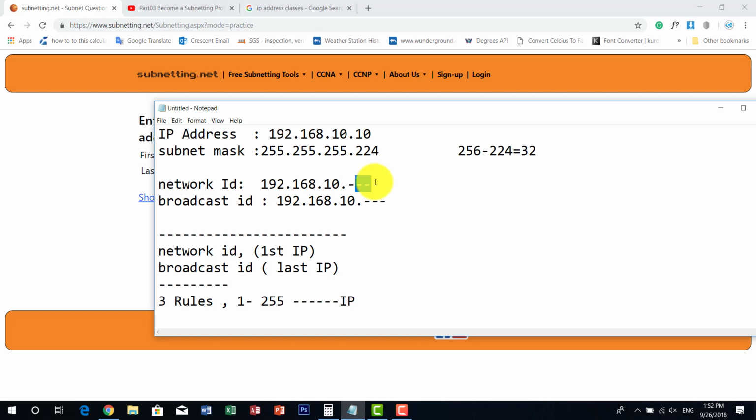So the network ID will be 0. And for the broadcast, we said we use the last number before the one bigger than the given IP address. In this case, 32 minus 1 will be our broadcast ID.